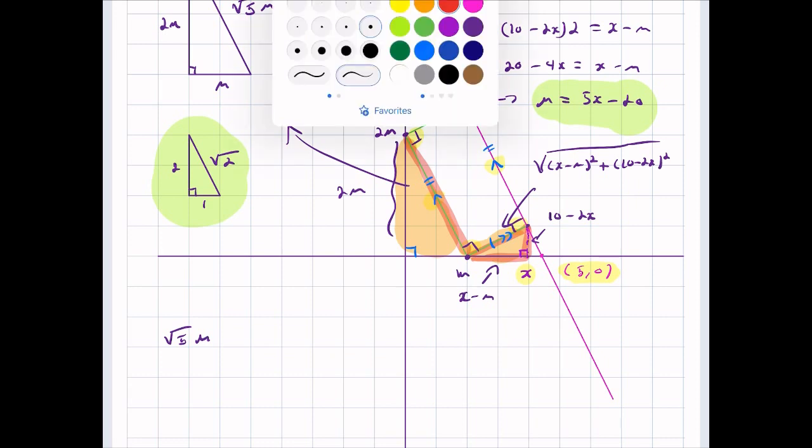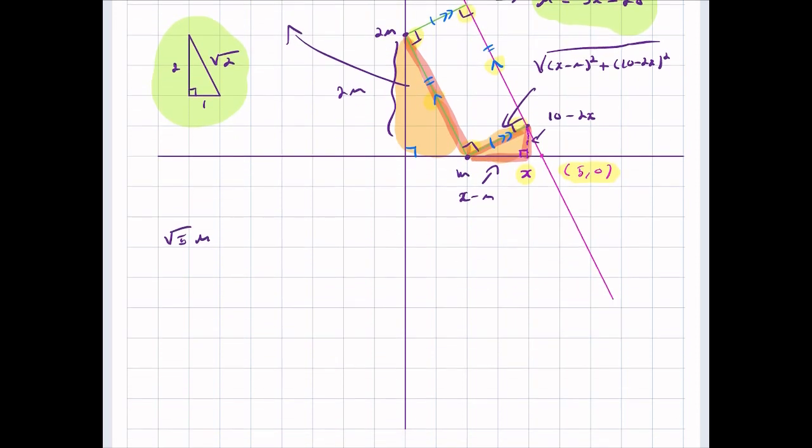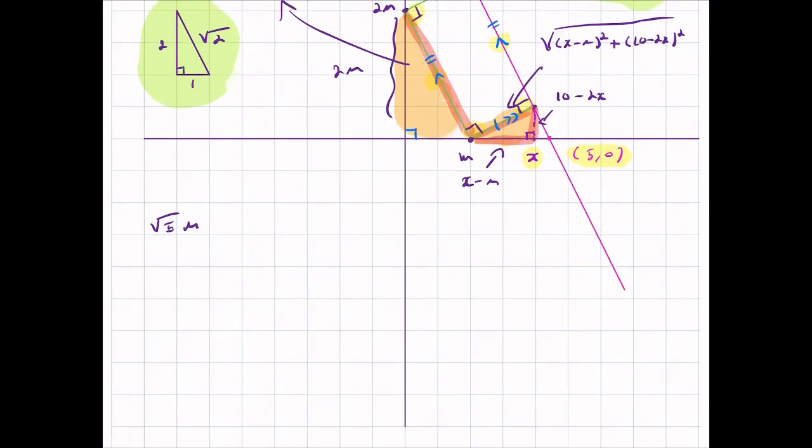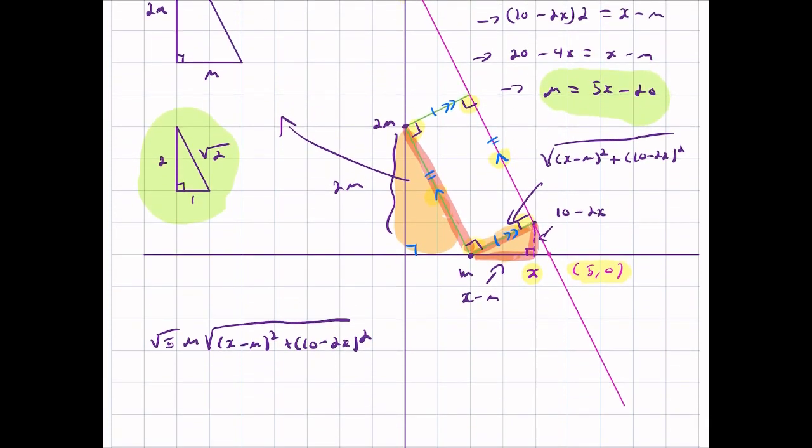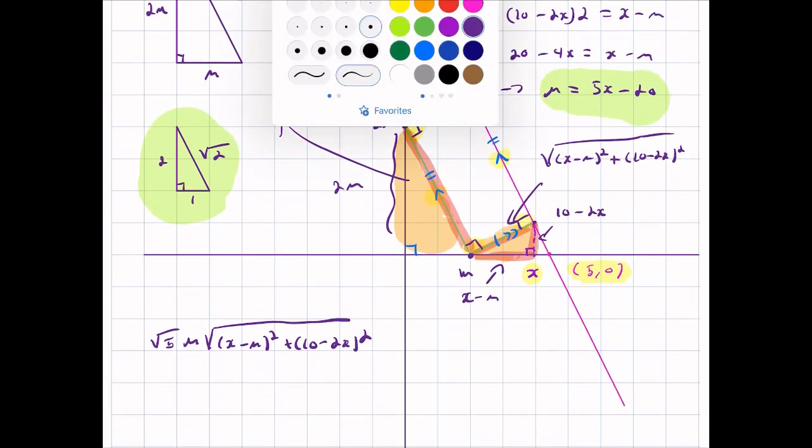So the area of this thing is going to be root 5 m times the square root of (x minus m) squared plus (10 minus 2x) squared. That's what the area of the rectangle is going to be.